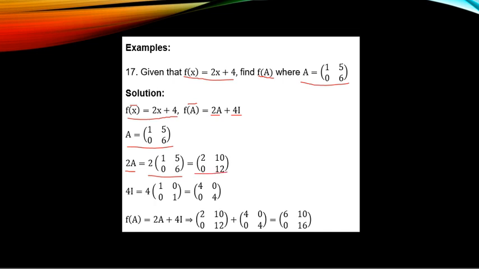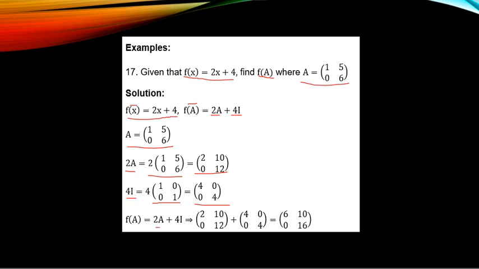Then you look for 4I. So you can see matrix I here. Matrix I is the identity matrix, 1, 0, 0, 1, a 2 by 2 matrix because matrix A is 2 by 2.